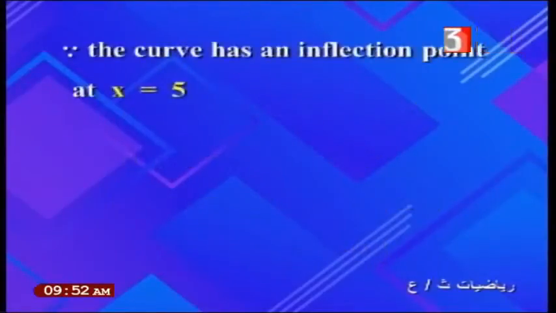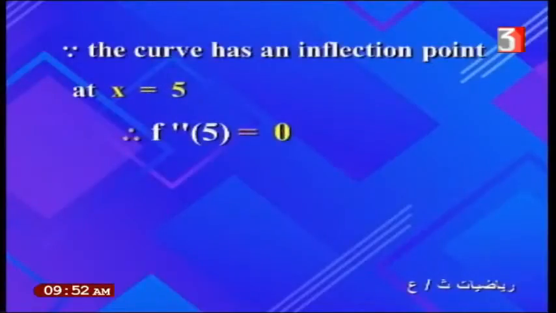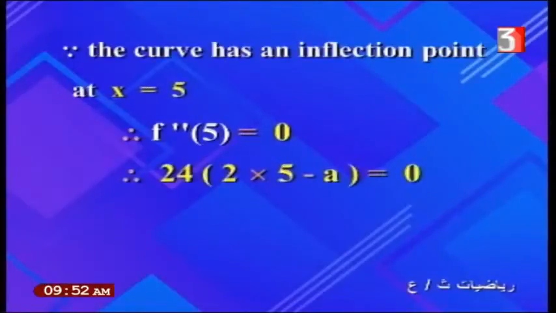The curve of this function has an inflection point at x equals 5. Then f''(5) equals 0. Then 24 multiplied by the bracket (2 multiplied by 5 minus the constant a) equals 0. We substitute x equals 5 and f'' equals 0.